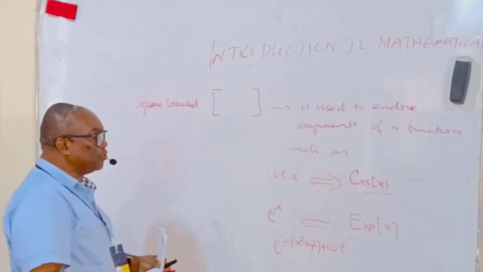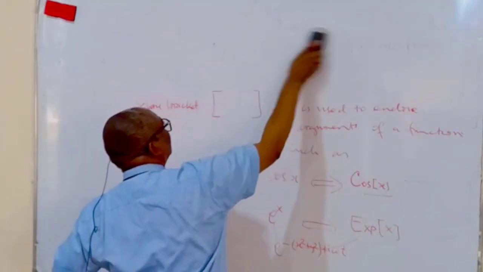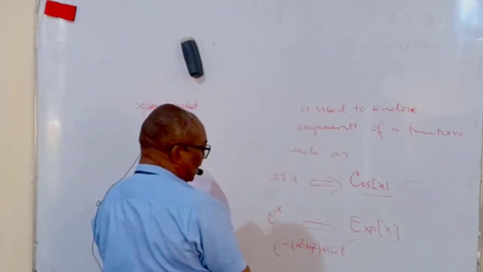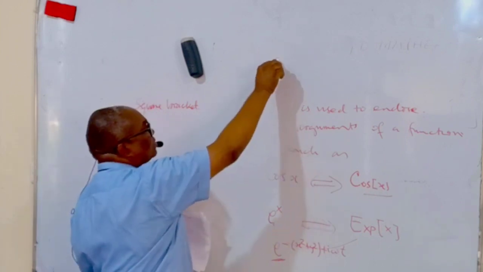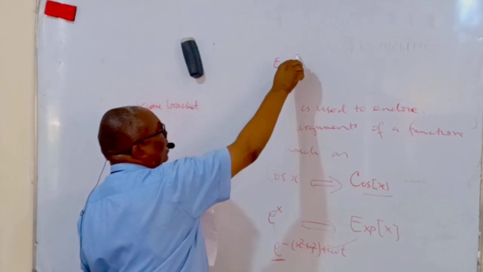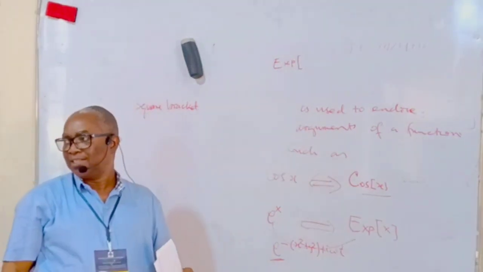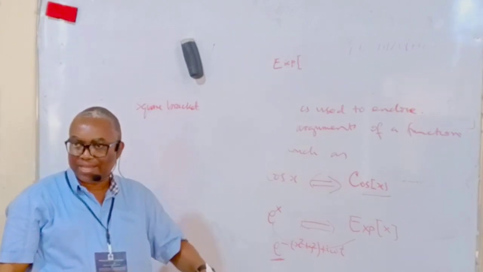Now, how do you represent this in Mathematica? You will start with Exp, and then you must enclose it in a square bracket.